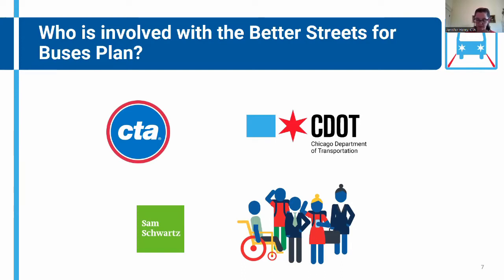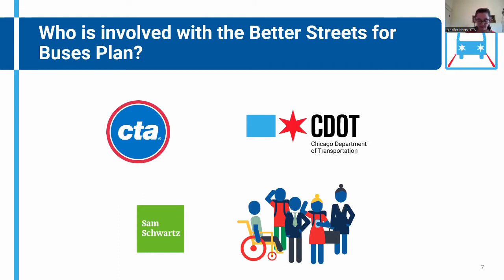CDOT is responsible for managing the city's public way, including streets, sidewalks, and signal systems. Street design and infrastructure can influence aspects of the bus experience, including travel speeds, reliability, and the bus stop environment.